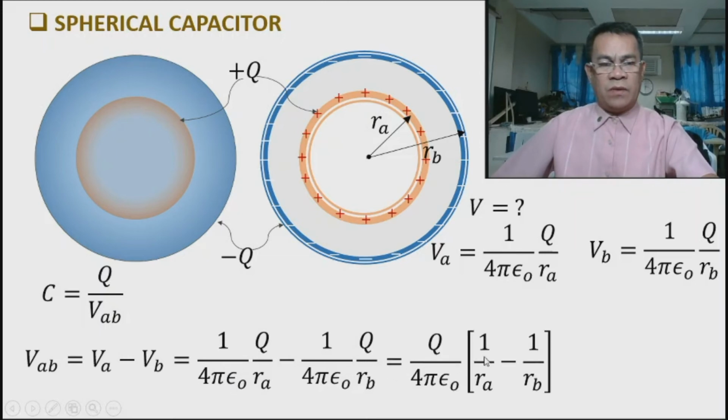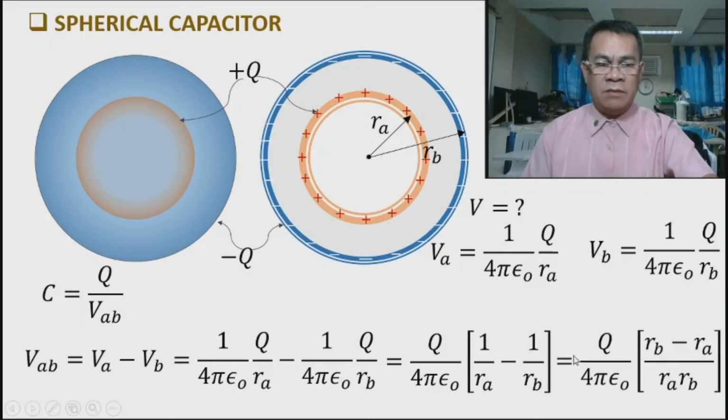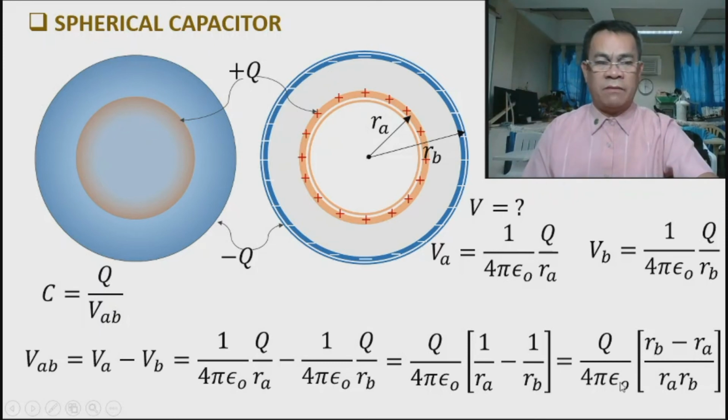We take out the common factors and we have Q over 4 pi permittivity, quantity 1 over RA minus 1 over RB. We have to combine the two fractions, take the LCD, and we come up with RB minus RA divided by RA times RB. So this is the potential difference in terms of the charge and the two radii.